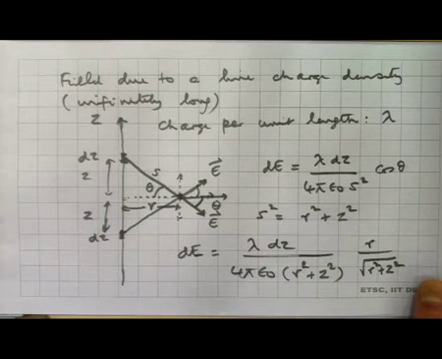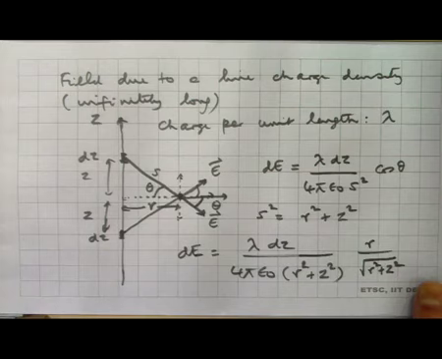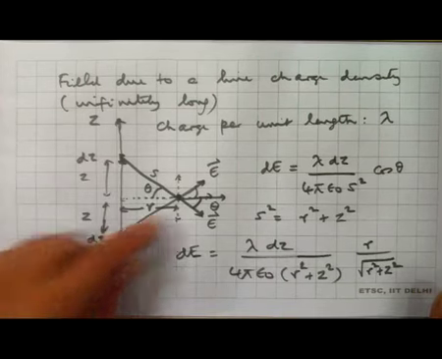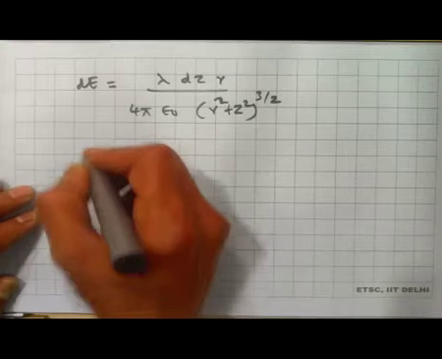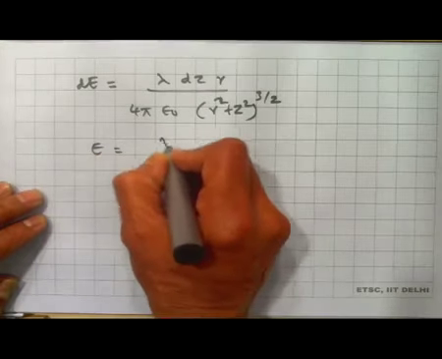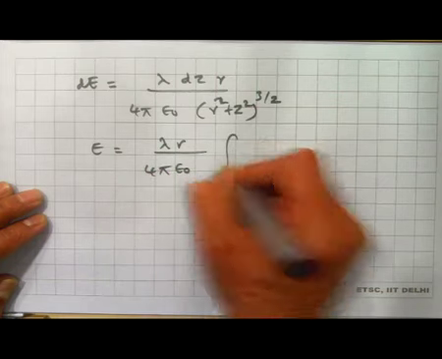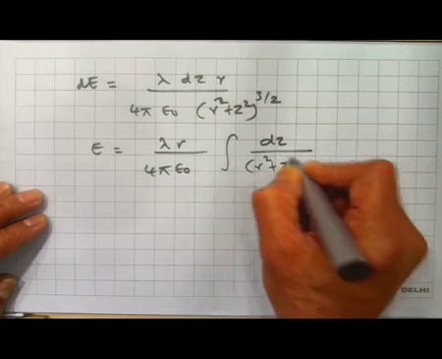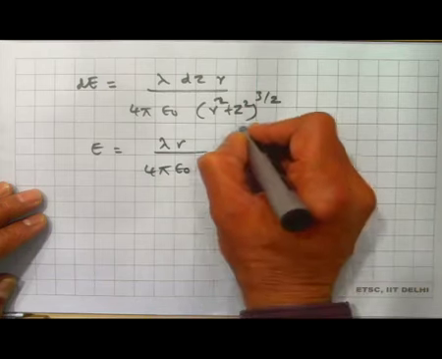If I were to calculate the total electric field, I must integrate, making sure that I am adding the vectors, but here because I am calculating the horizontal component, each element will be along the same direction, and I am just adding it up. So the total electric field magnitude will be equal to lambda r by 4 pi epsilon 0 integral dz by r square plus z square raised to the power 3 by 2, and dz goes from minus infinity to plus infinity.